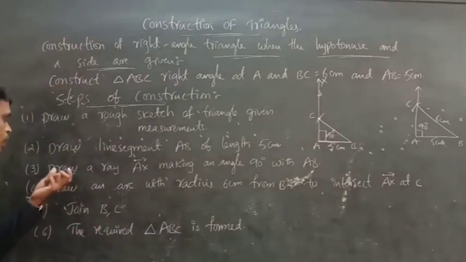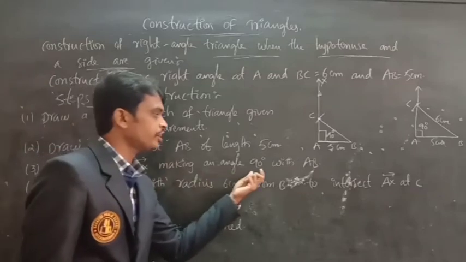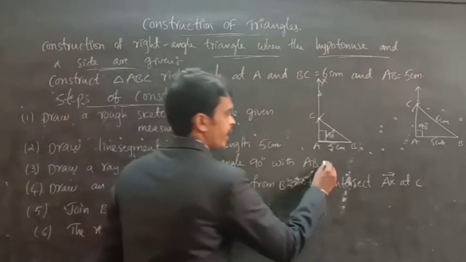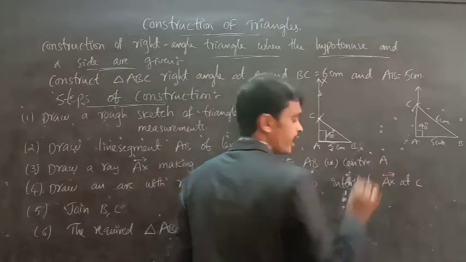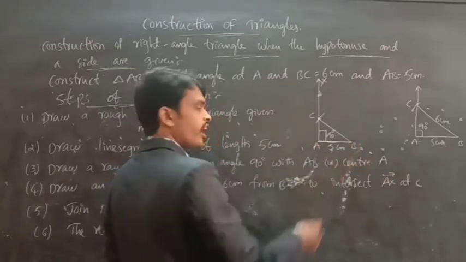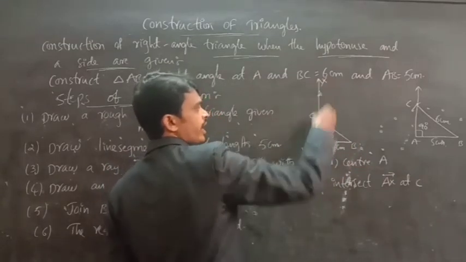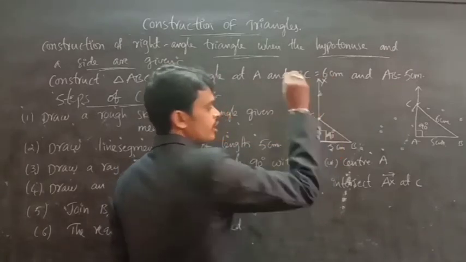Third step, draw a ray AX making an angle of 90 degrees with AB at center A. We should draw a ray AX by making an angle of 90 degrees.